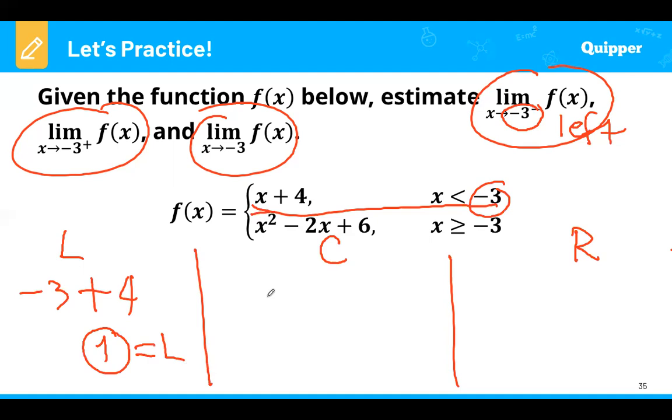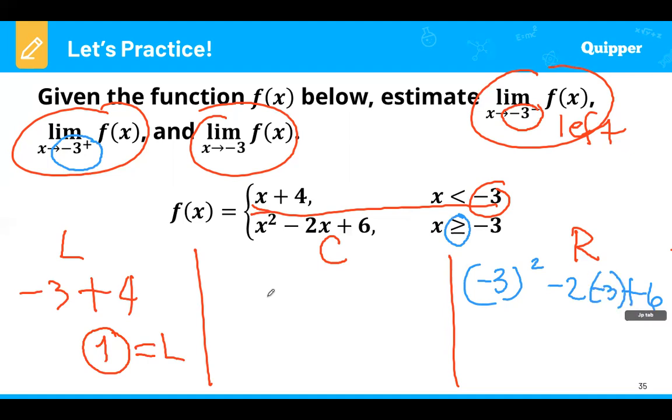Okay, and then, doon naman tayo sa right side. Ibayin ko yung kulay para magkaiba siya. Ayan, from the right side, we have plus. Ang plus, that is greater than. So we have x squared that will change as negative 3 squared minus 2x, sorry, negative 2 times negative 3.